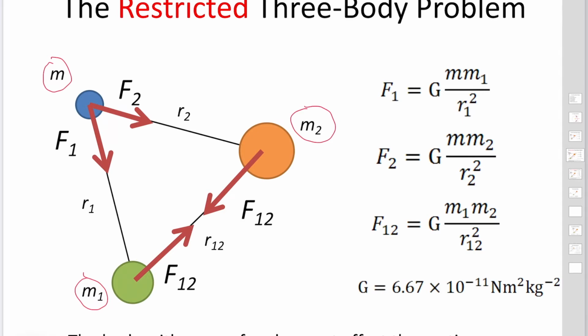Because of such a small mass, the motion of m sub 1 and m sub 2 is not affected by the gravitational force of the object with mass m. But the object with mass m is attracted gravitationally by the two objects, with masses m sub 1 and m sub 2. This is the meaning of the restricted.